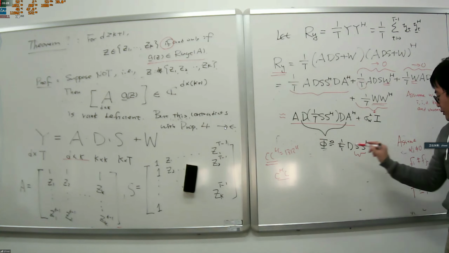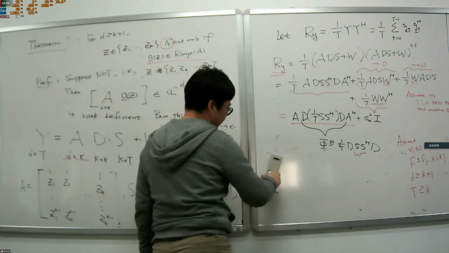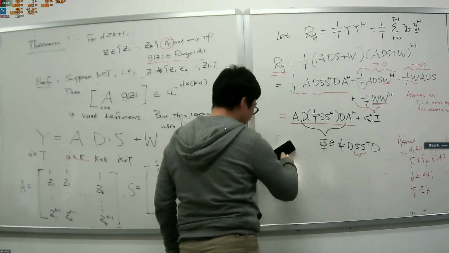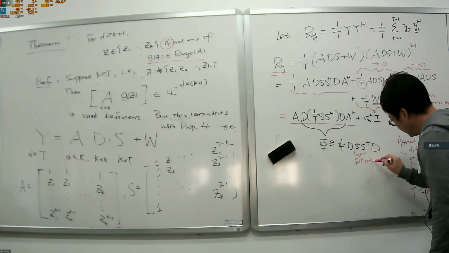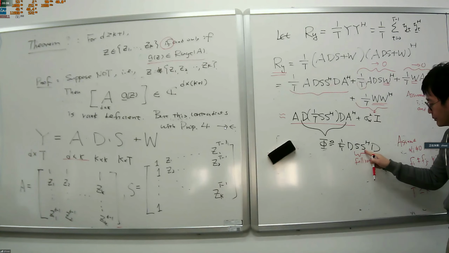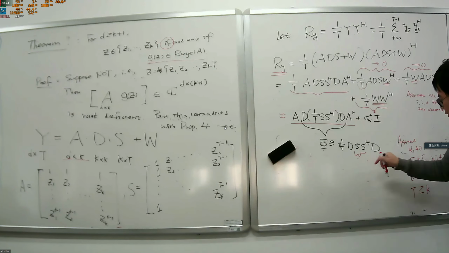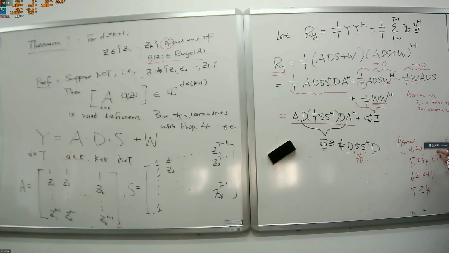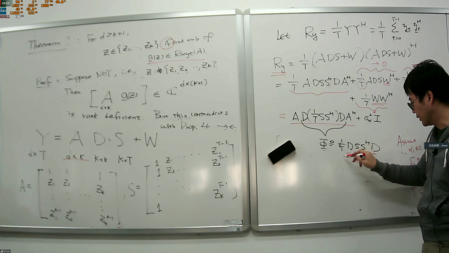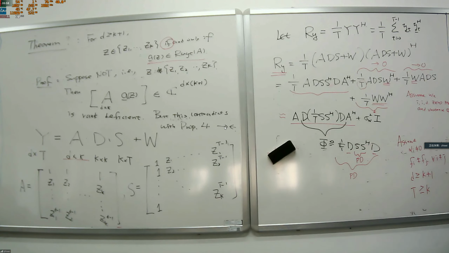This is similar to that one. Because S is full rank, S S Hermitian is full rank. Actually, because it is Hermitian, it's a PSD matrix, and it's full rank, so it's PD. And because D is diagonal and invertible, the whole matrix is PD.